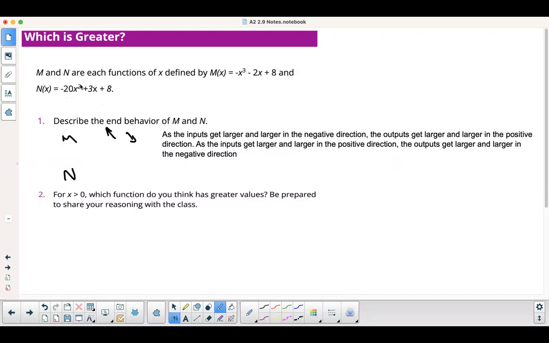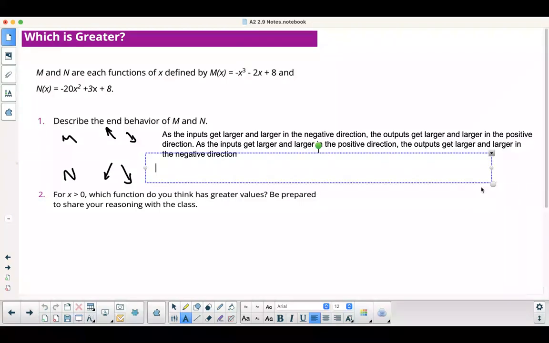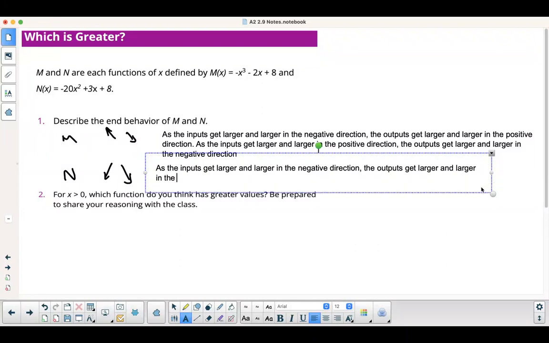N is even degree, negative leading coefficient. So even degree, negative leading coefficient. Degree is 2, leading coefficient negative 20. So as the inputs get larger and larger in the negative direction, the outputs get larger and larger in the negative direction as well.